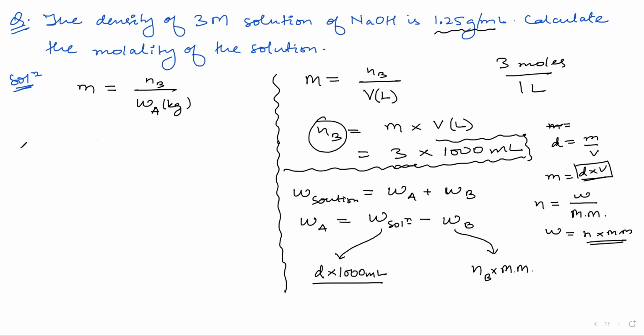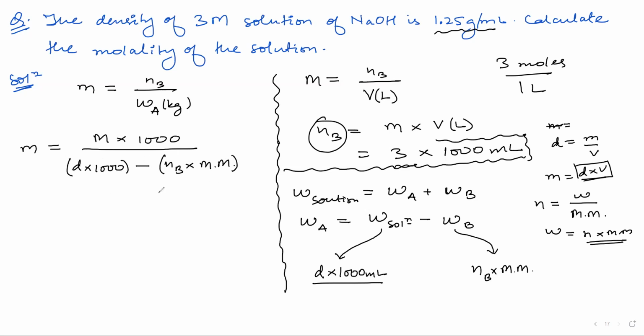Now listen here. See, the mass of solvent will be equal to density into 1000, that is the volume, minus number of moles of solute into the molar mass of that solute.